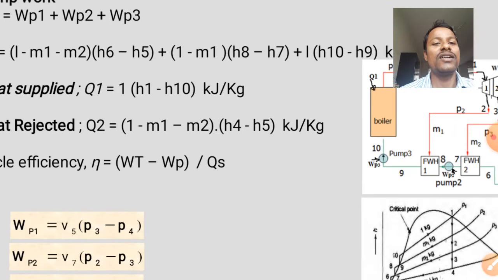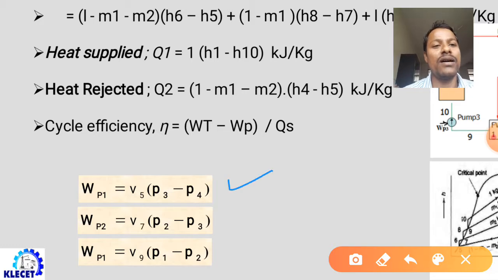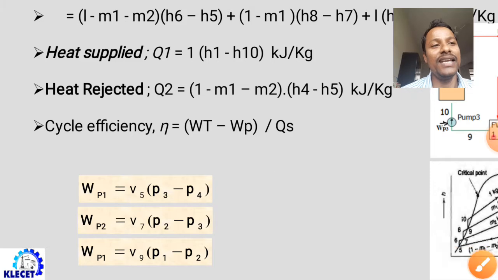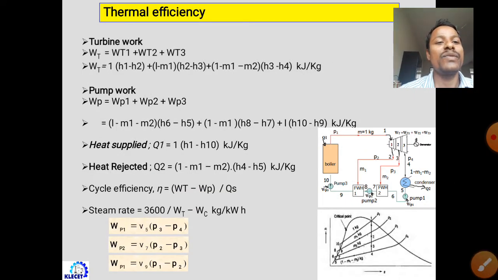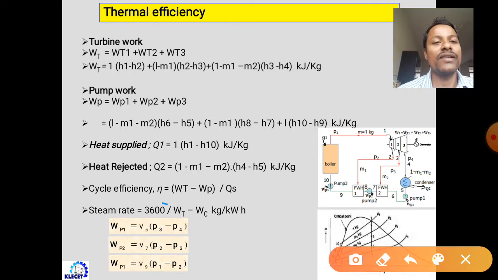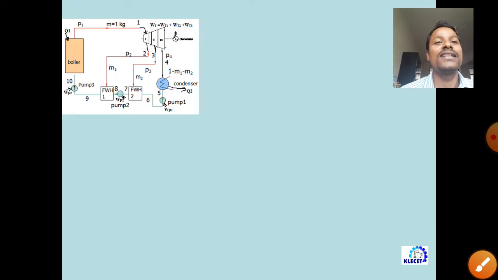And regarding pump work, we can also calculate the individual pump works using these formulae, and this we have already discussed. So steam rate, we know already the formula. Through this we can calculate our steam rate in this cycle.